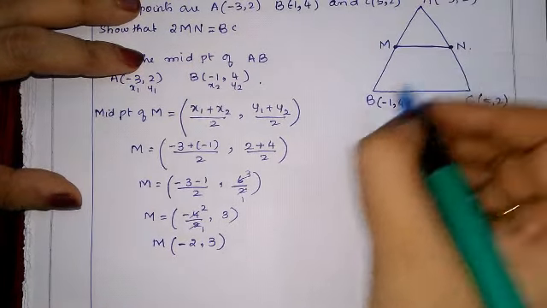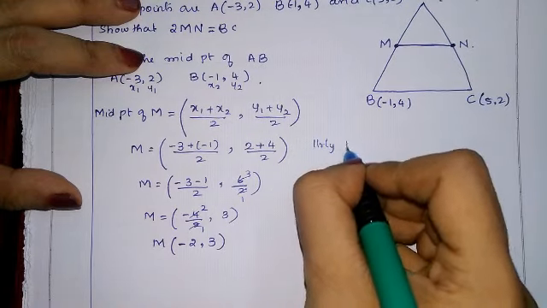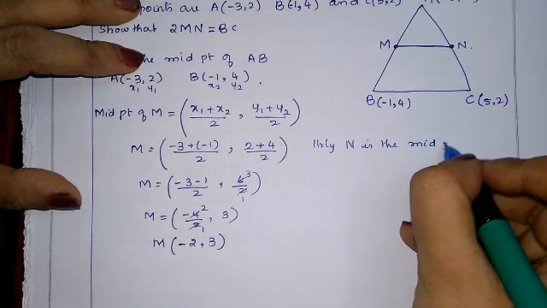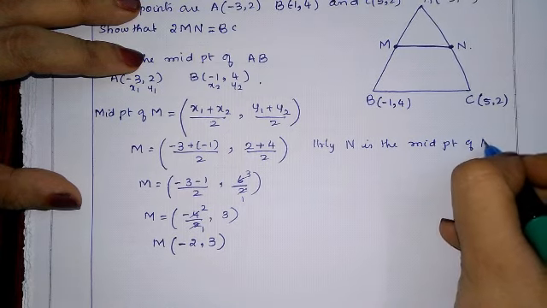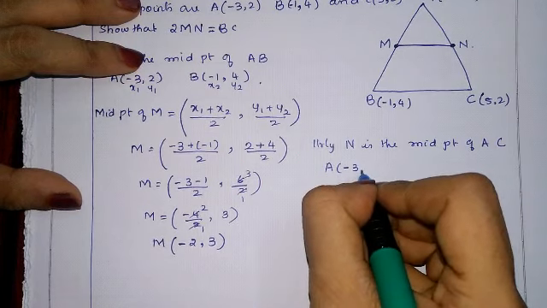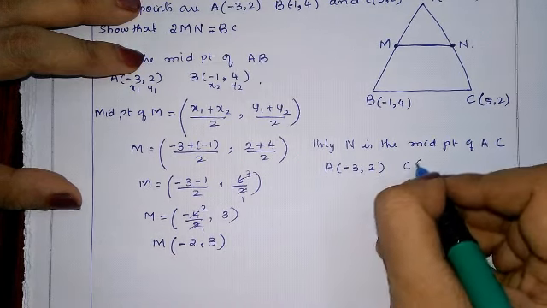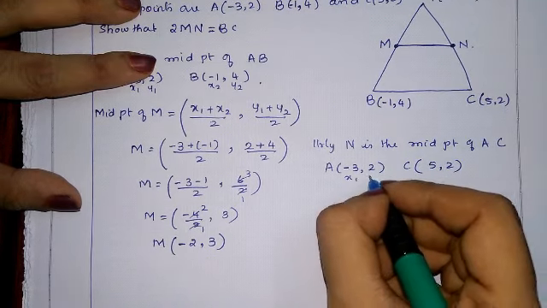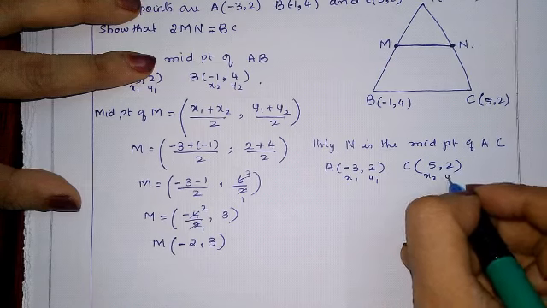Now, similarly, N is the midpoint of AC. Now we'll write A point as (-3, 2) and C point as (5, 2). I'll do it directly here. This is (x1, y1) and (x2, y2).